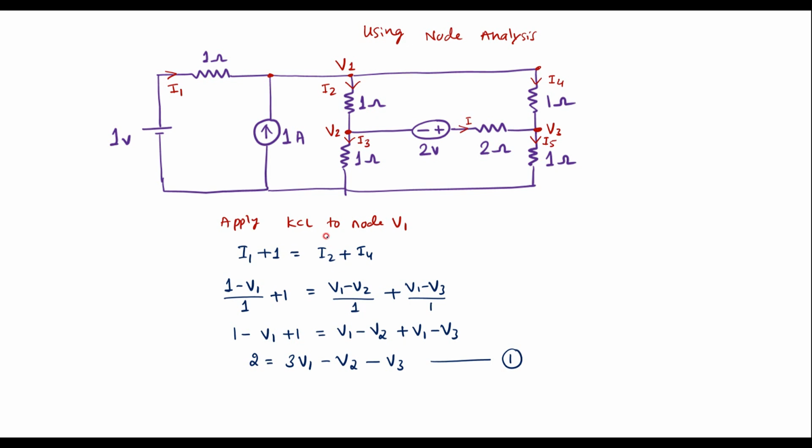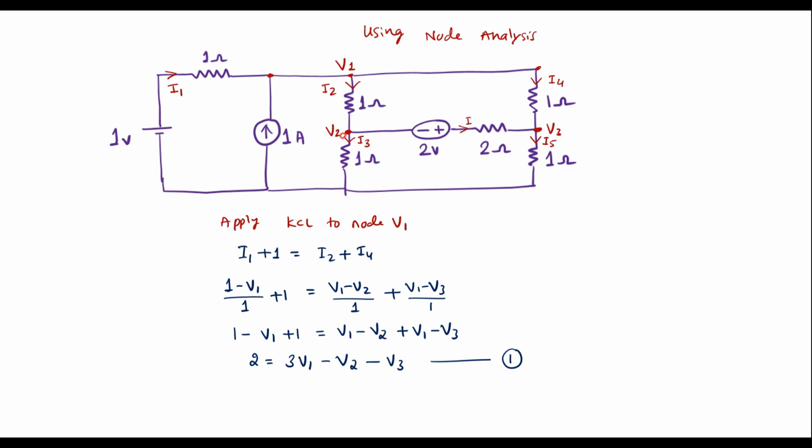So now similarly apply Kirchhoff's current law to node V2. So in node V2, current I2 is incoming, current I3 is leaving and current I is leaving.